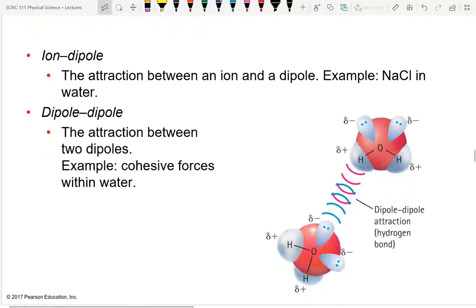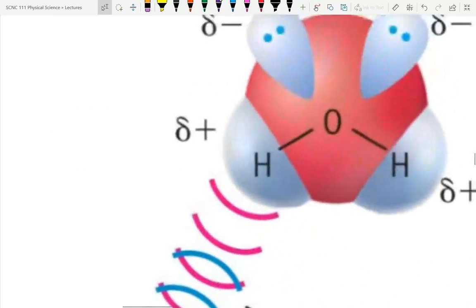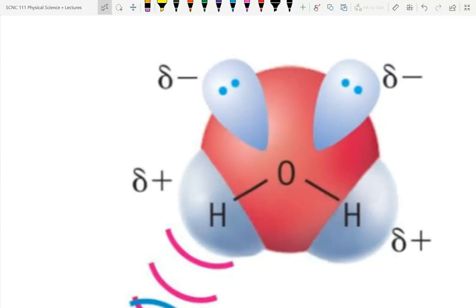Next comes the dipole-dipole, which I've actually talked about when I talked about water. This here shows exactly why the water is bent. The oxygen atom is a much bigger atom than the hydrogen atom, and so that's why you have the bigger red than you have the little white H's.